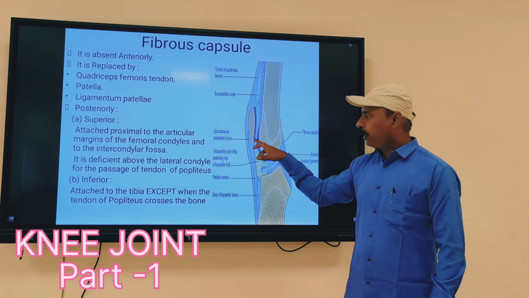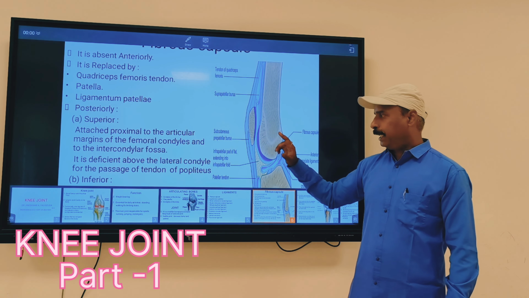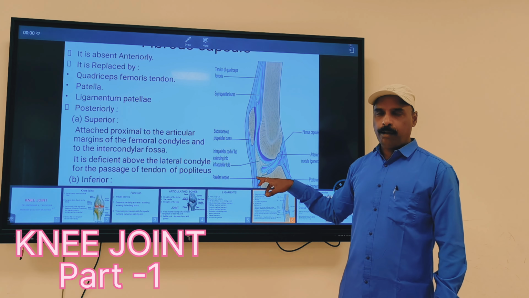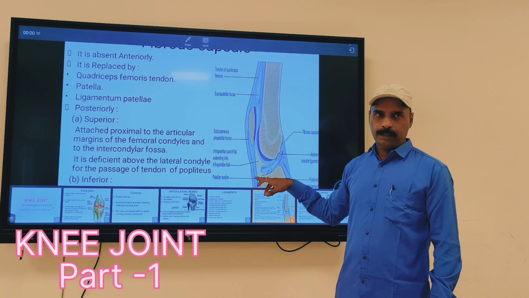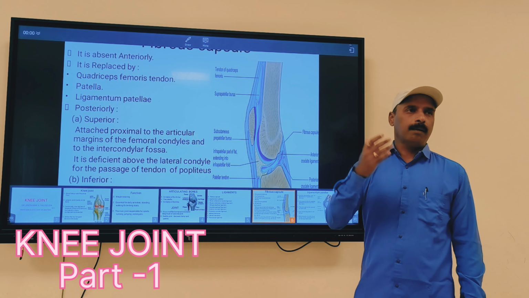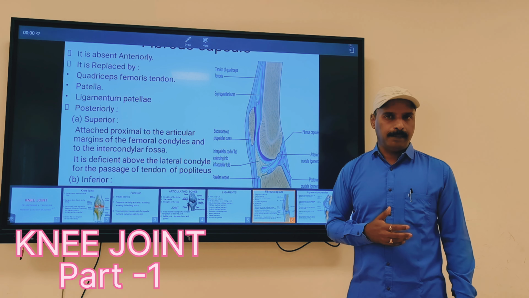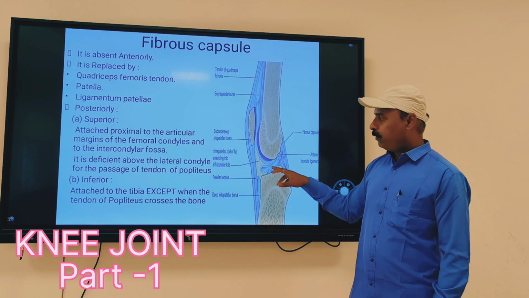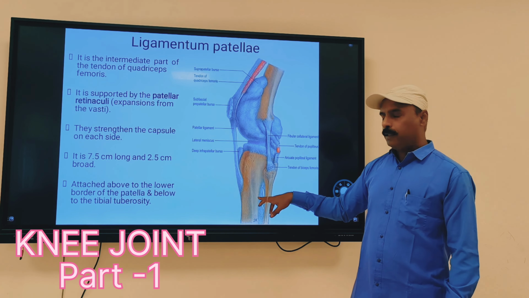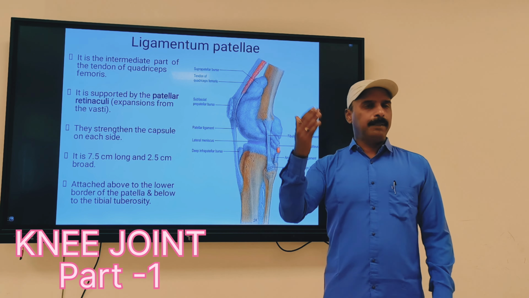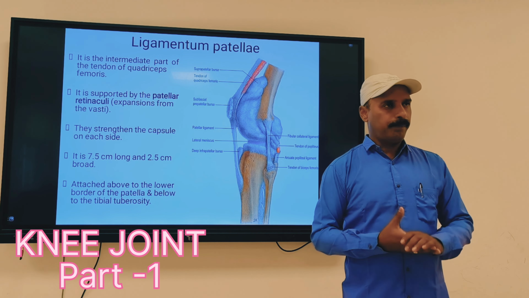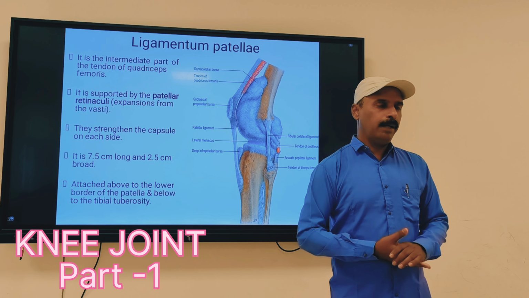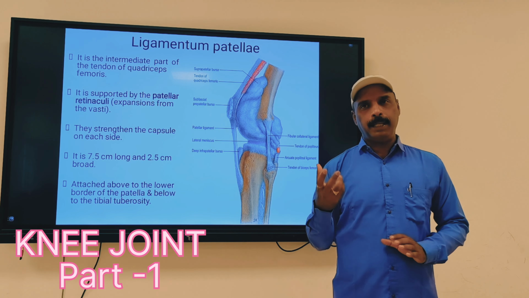It is inserted or attached below to the upper smooth part of the tibial tuberosity. So you have to remember here a total of two attachments, above and below. This I have also told you in the attachments of the tibia and when I explained the patella.